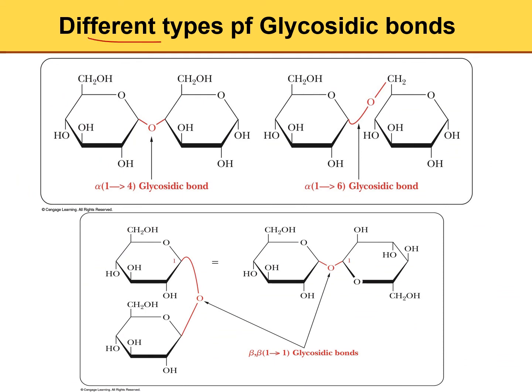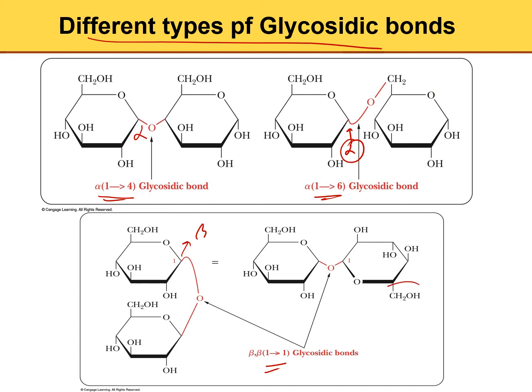There can be different types of glycosidic bonds shown here. This is down, so alpha 1,4. This is down again, this is alpha again. So we have alpha 1,6, 1,4. This was going up, so this was a beta, right? So you have a beta 1-to-1 glycosidic bond. And in this case, please note what they've done.